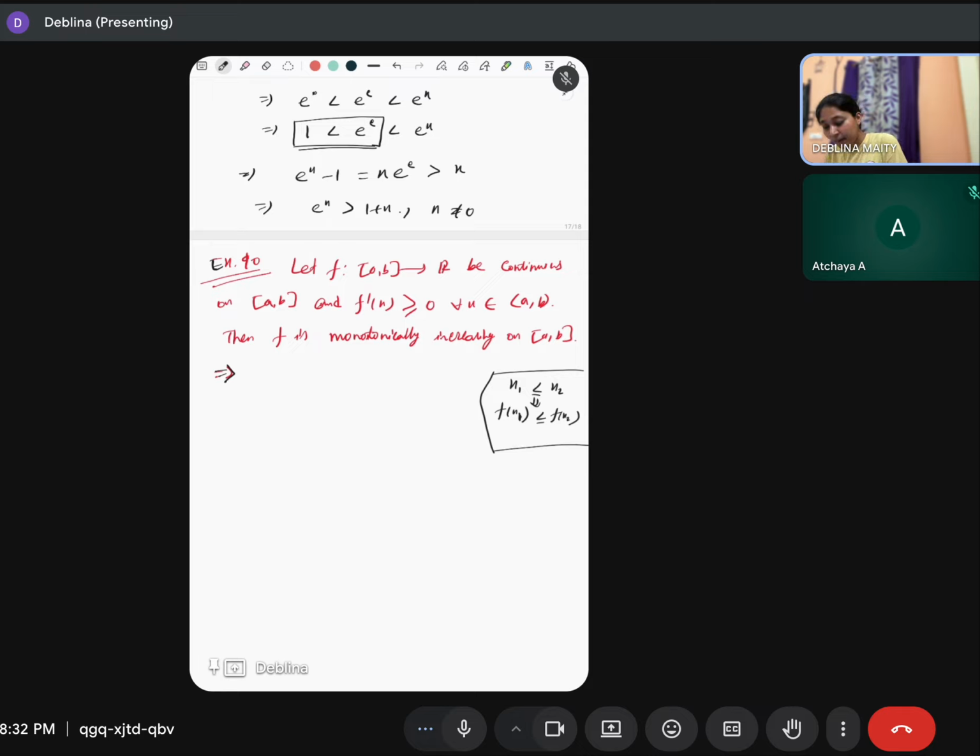So first, we'll choose two numbers x1, x2 in the closed interval [a,b] such that, let's say, x1 less than x2.